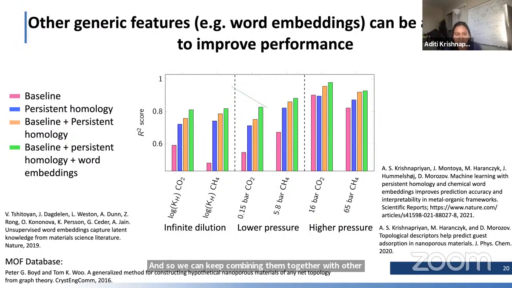In this case, we also added in word embeddings, which can be augmented to improve performance. And so you see that we go from a pretty poor model for some of these applications to much, much better, something more reasonable, something that would actually make sense to use to filter or screen materials.